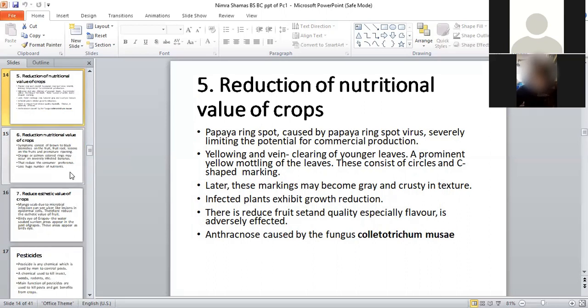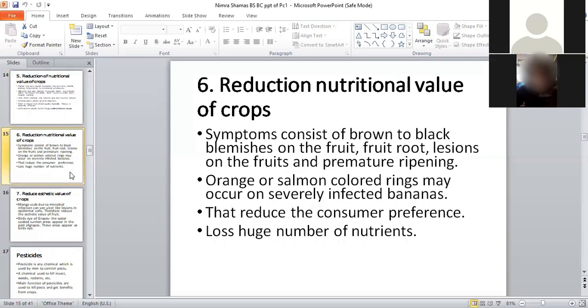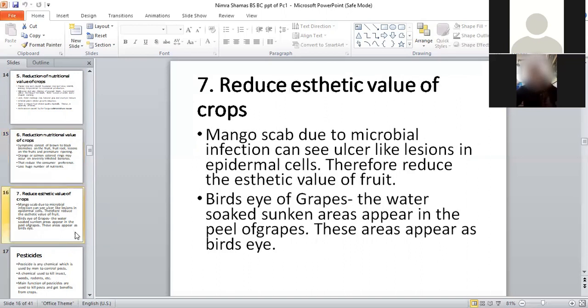Anthracnose is caused by a fungus. So these are the diseases which reduce the nutritional value. Symptoms of reduction of nutritional value are brown to black fruit. These reduce the fruit quality, with premature ripening and orange salmon color, because of a huge amount of nutrient loss for consumers. Next slide. So this is the overall introduction to nutritional value and the reduction of nutritional value.